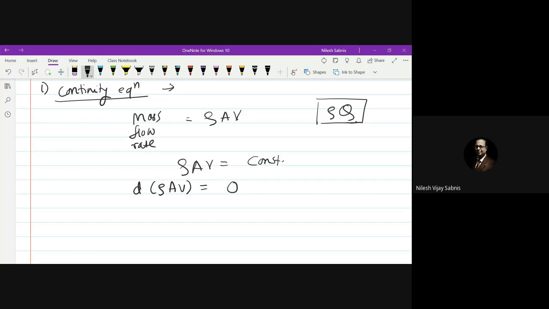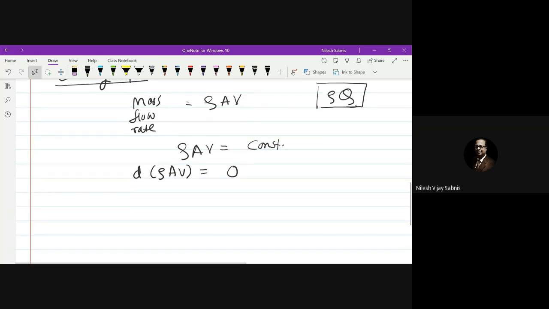Applying the chain rule, we get d of AV times rho, plus, keeping AV constant, AV times d rho. Then rho d(AV) is A dV plus V dA, again applying the chain rule.